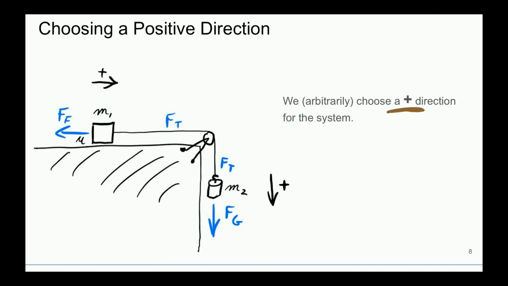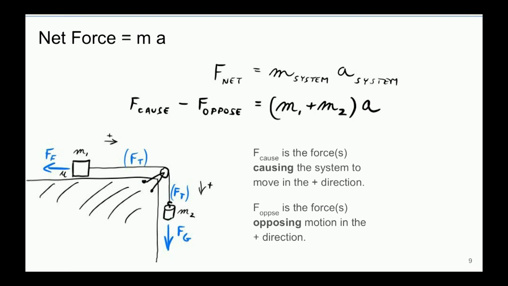Okay, so if we look at the picture here, I've arbitrarily decided that plus means mass 1 is moving to the right, which of course means mass 2 is moving down because of the way they are attached. So that is my plus direction. It means everything after that, velocities, accelerations, they all fit in that system and make sense. Okay, so I can say F net is mass times acceleration for the system.